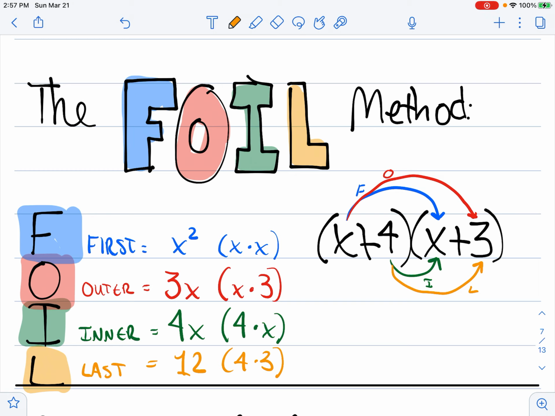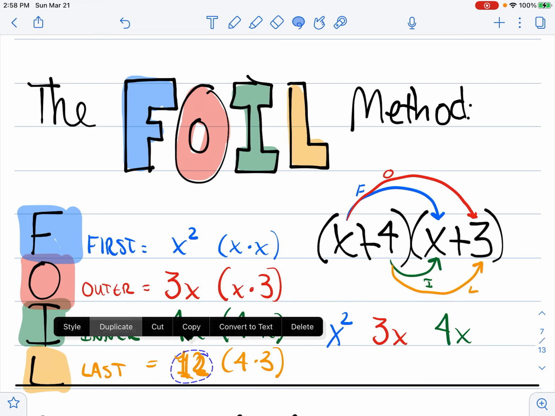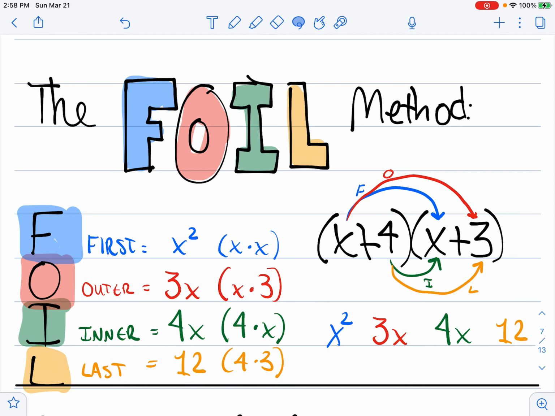Now, to get the final answer, all we have to do is combine any products that become like terms. And for our purposes, I see 2. I see the 3x and the 4x right there. So we're going to write all these products out over here on the side: x squared, 3x, 4x, and 12.